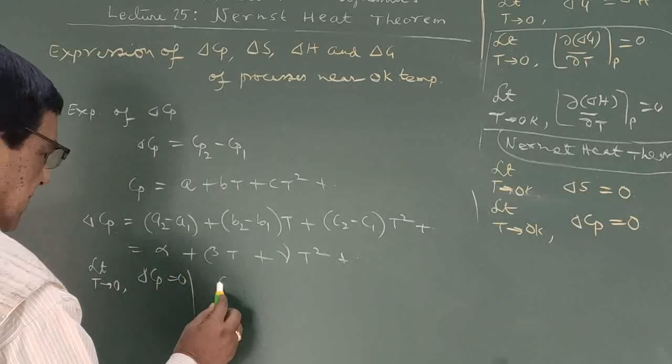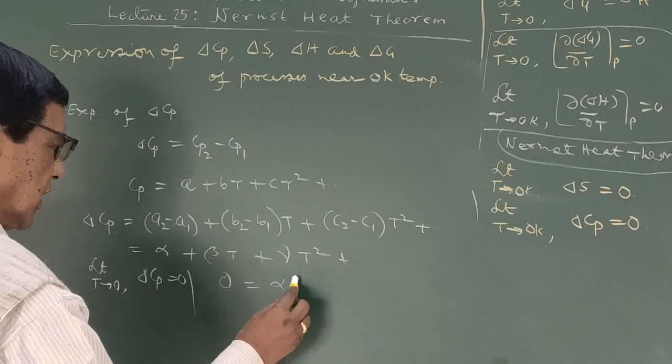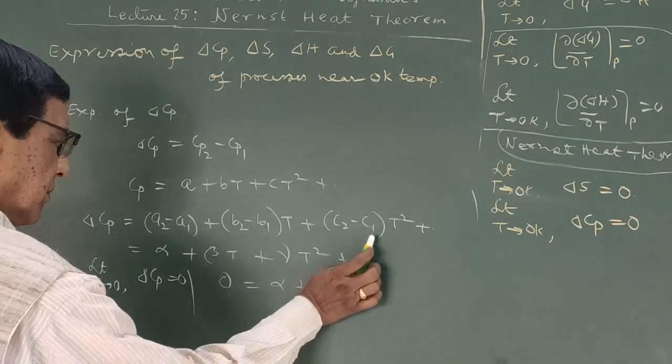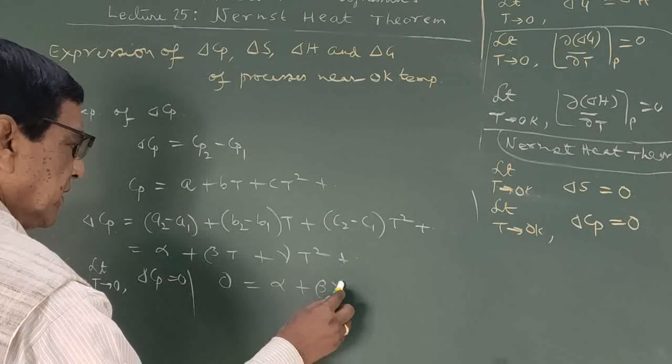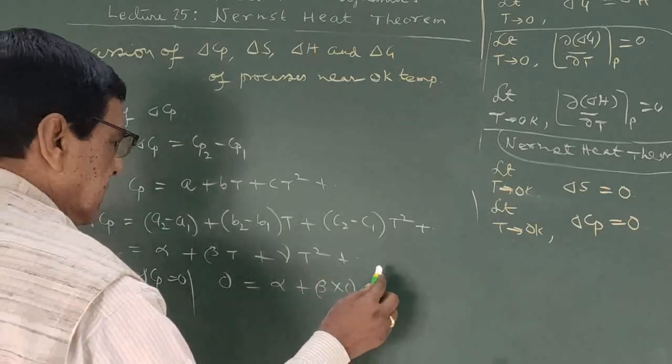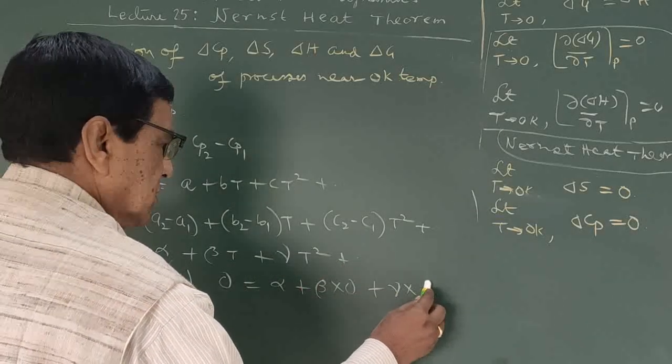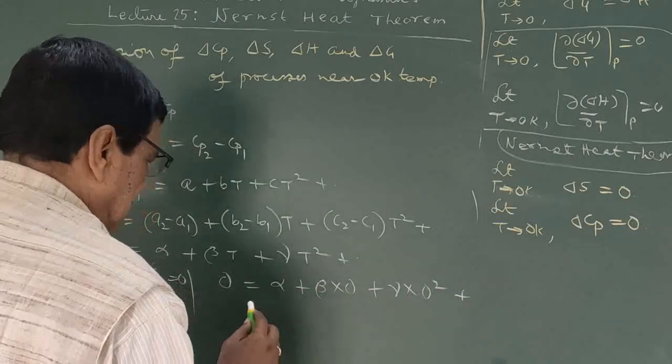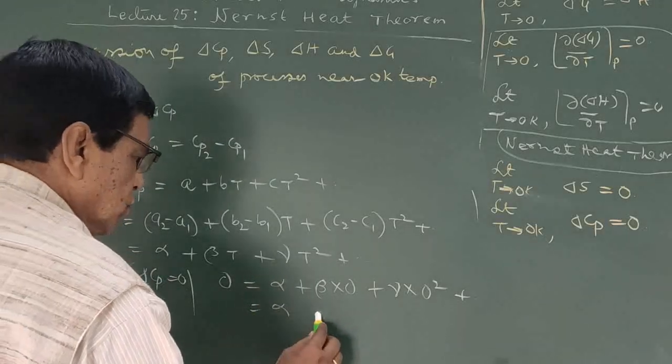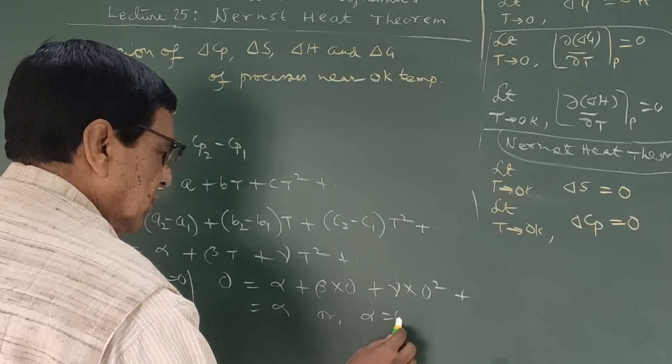So the right and left hand sides are equal to 0, so alpha plus beta into 0 plus gamma into 0 square plus dot is equal to alpha. So we can write alpha equal to 0.